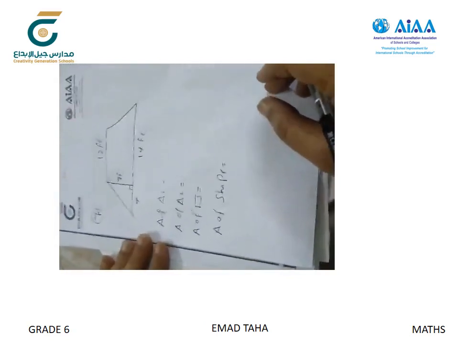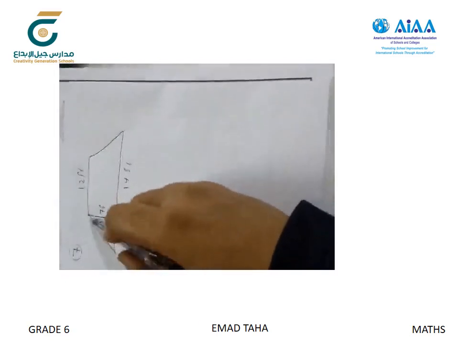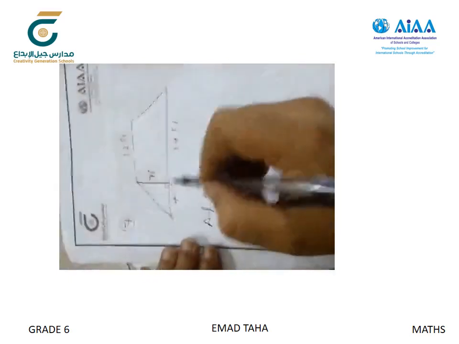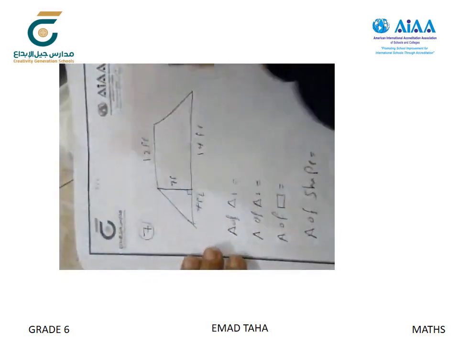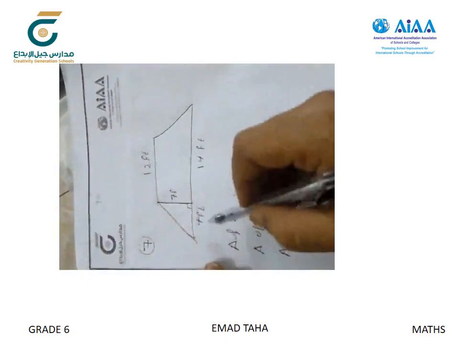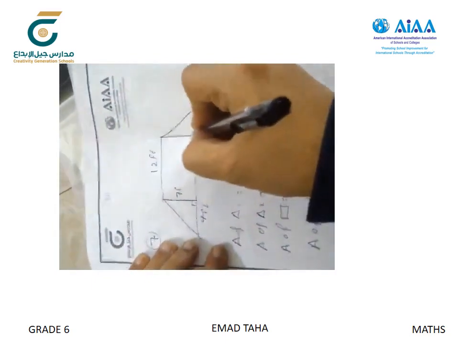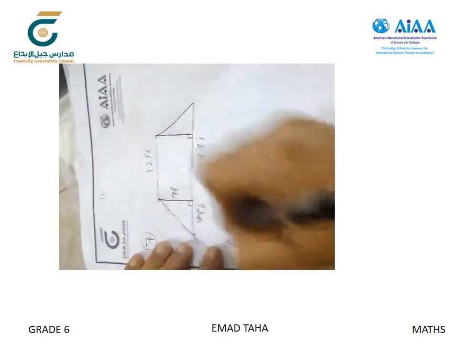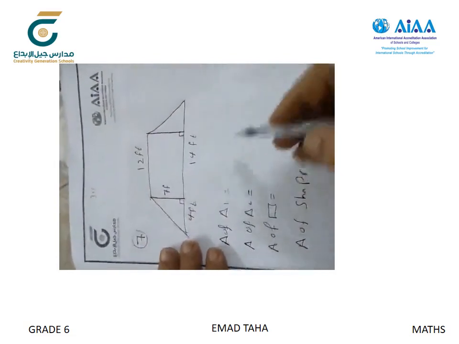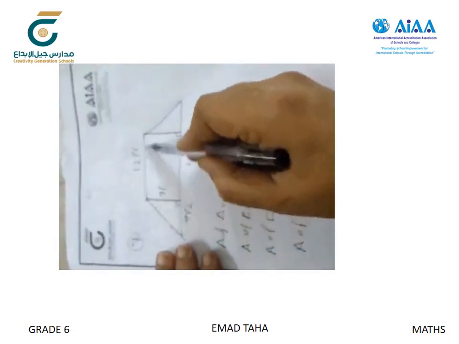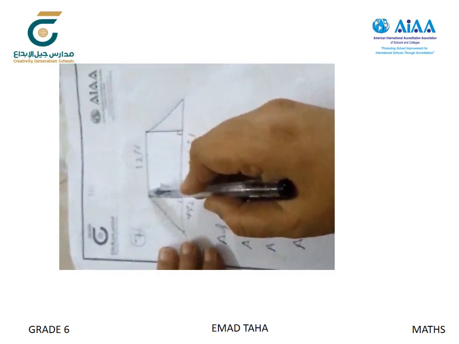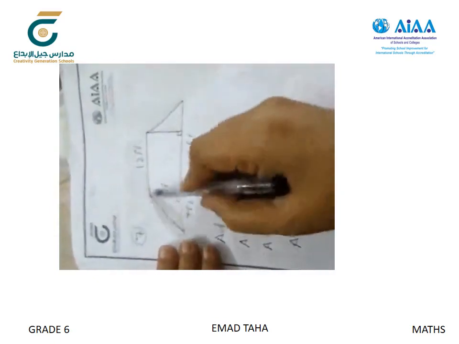Okay, now we have a shape, a triangle. We can find its area, but here we can't find the area of this shape directly. Now we draw a perpendicular like this. Okay, now concentrate please. This side equals 12. And in a rectangle, each two opposite sides are equal.